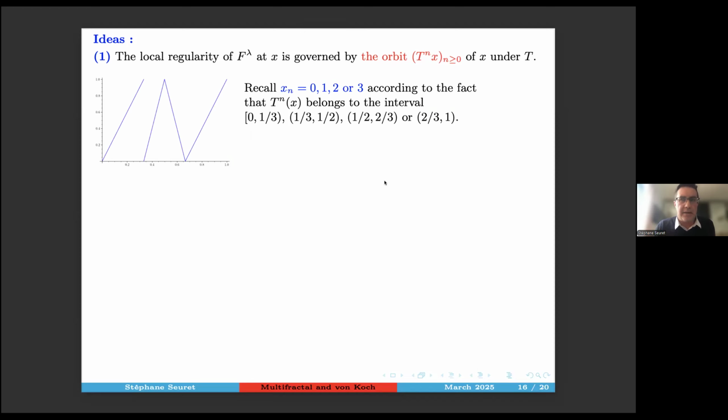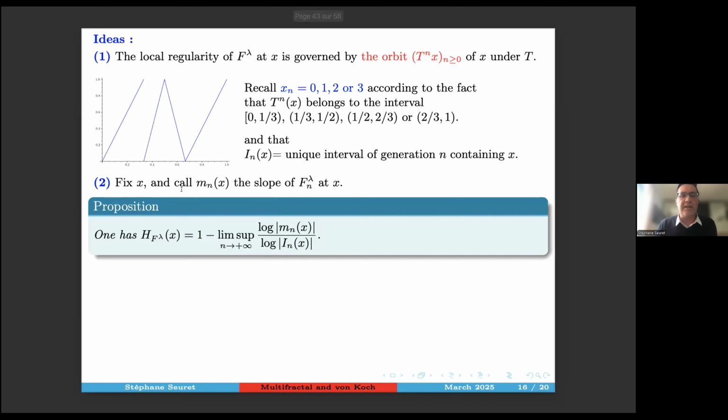So let me just say in a few words that indeed the local regularity of f lambda is governed by the orbit of x under the action of T. So let me go fast. I call Mn of x the slope of Fn at x, where Fn is the intermediate construction.